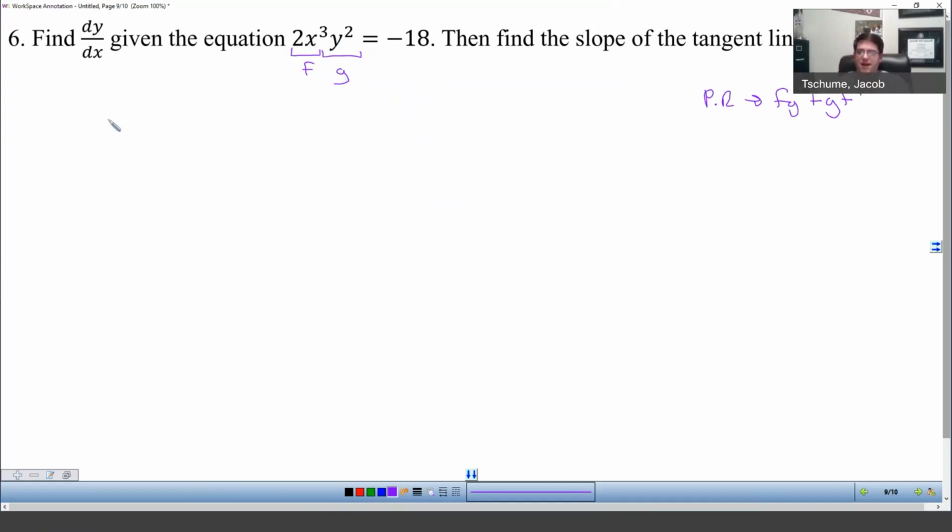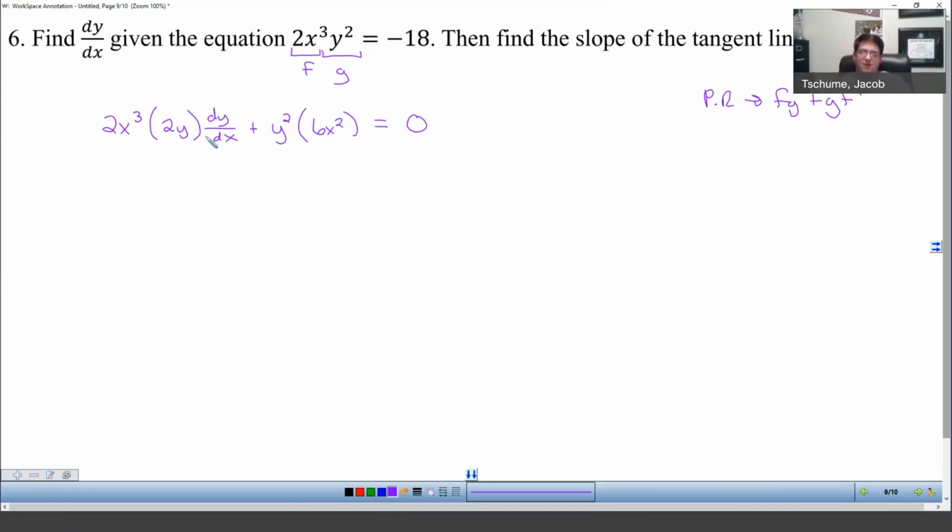So if I bring down my f function, that's 2x cubed times the derivative of g, which would be 2y dy/dx, plus g, which is y squared, times the derivative of f, which is 6x squared, equals the derivative of -18, which is 0.